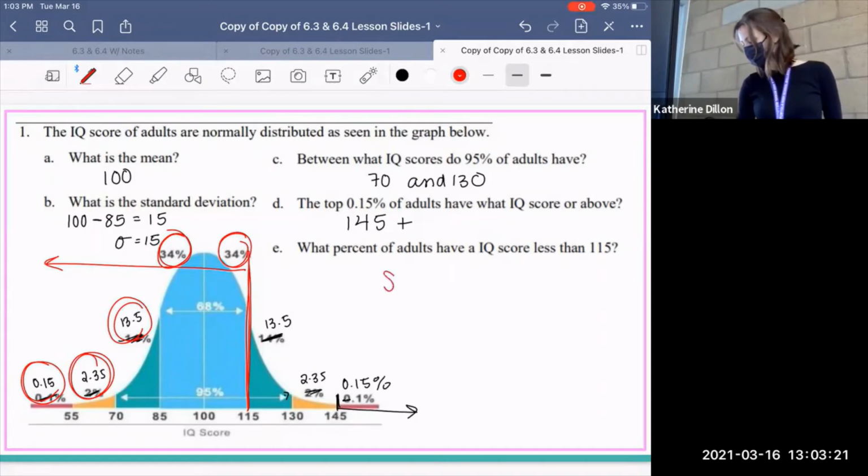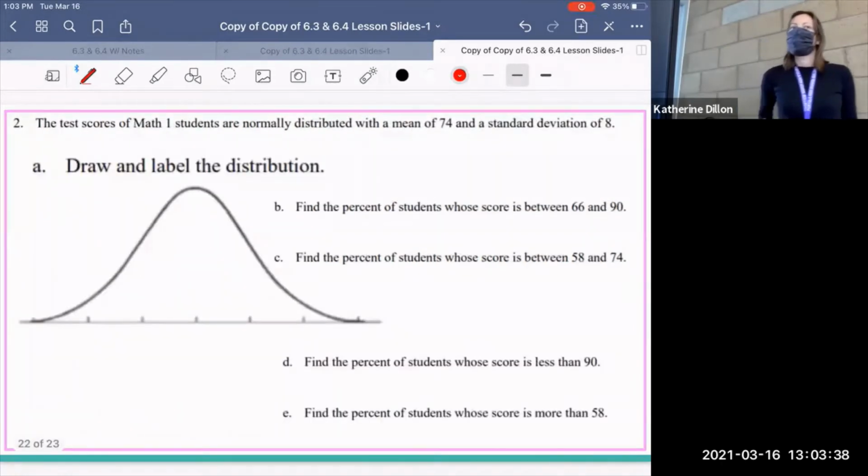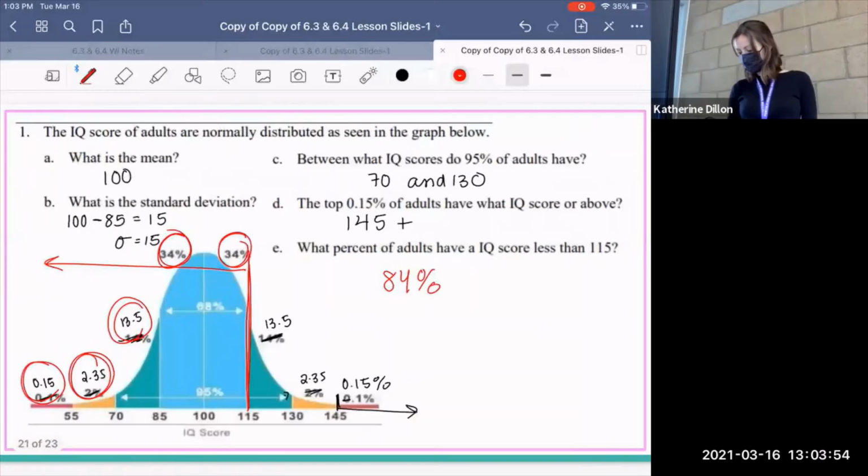You get somewhere around 84% when I add all of those together. We're going to move on to the last question. Perfect timing, actually. Draw and label the distribution. Okay, so this time they just give us a few pieces of information and we have to make that whole chart ourselves. So this is something you have to memorize, these percentages and how they break down.